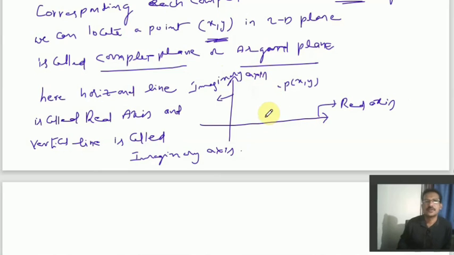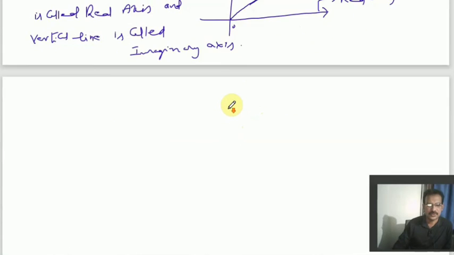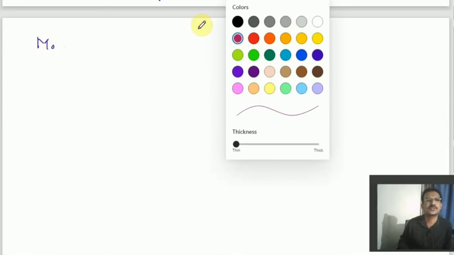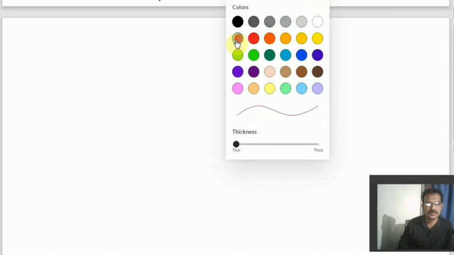The distance from the origin to this point is called the modulus of the complex number.